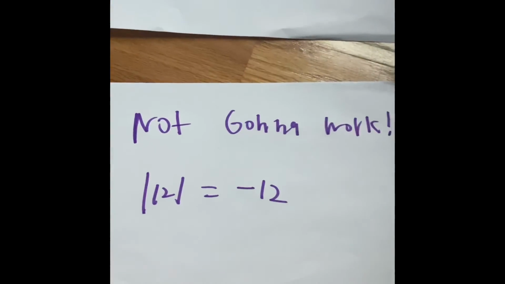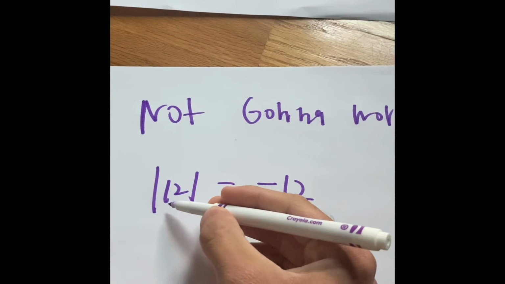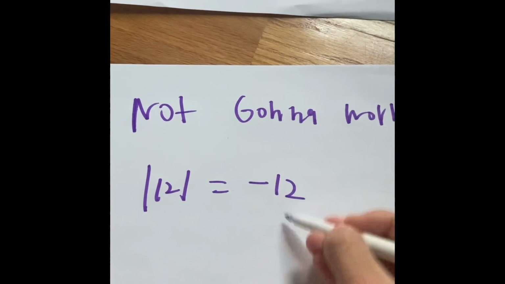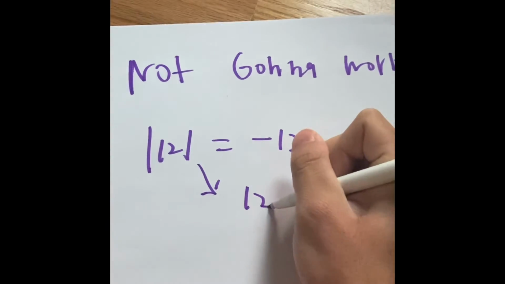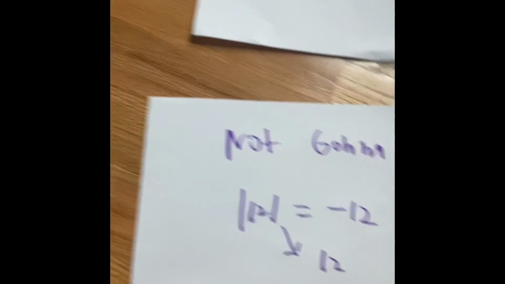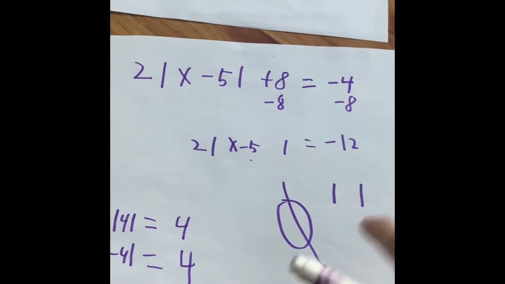This is not going to work either. The absolute value of 12 is not negative 12. It's still going to be a positive 12. This is another example of why this won't work.